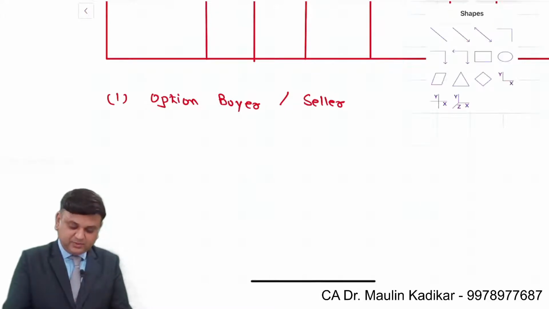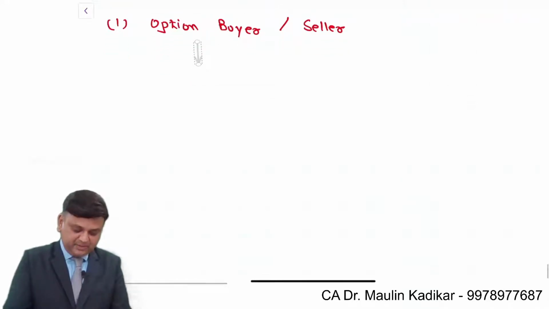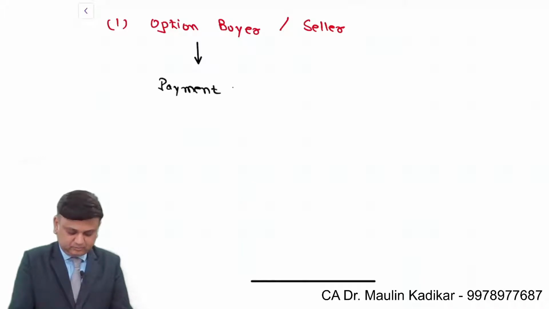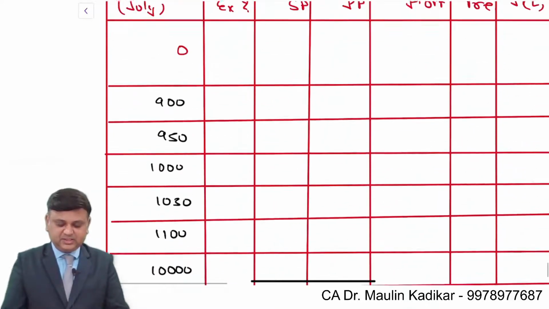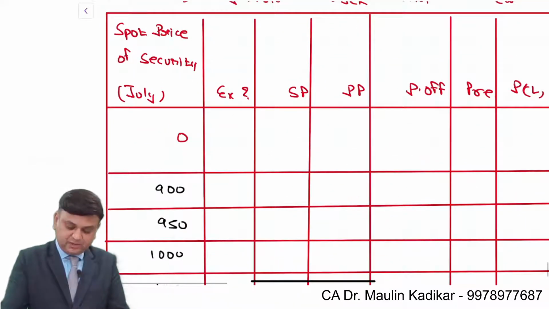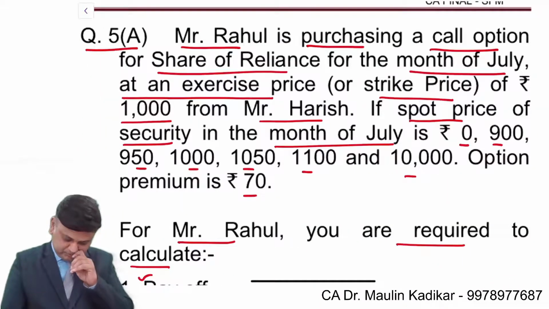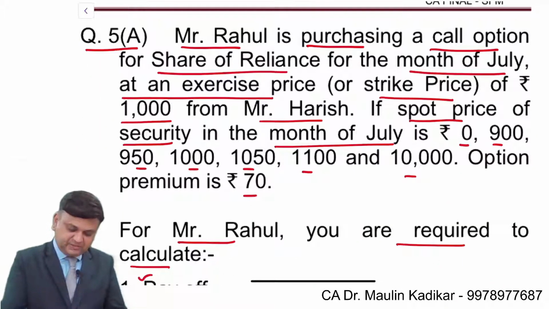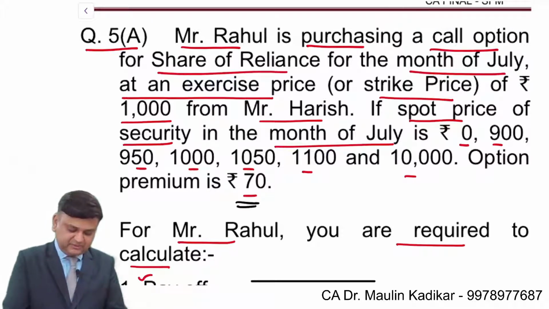So if the option buyer is there, then you have a responsibility of making payment of premium. So the very first thing that I suggest students to do is to fill up the premium column. The premium amount is 70 rupees.